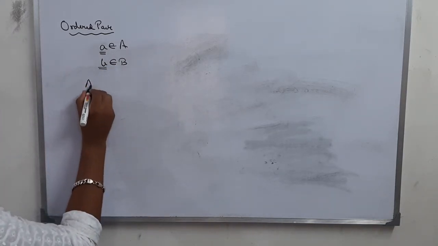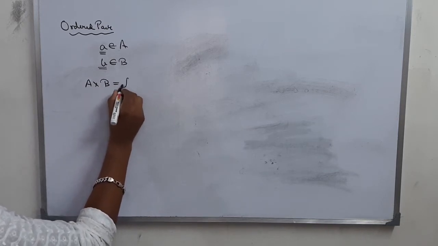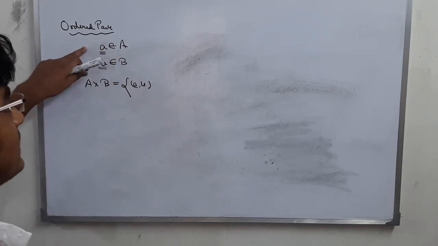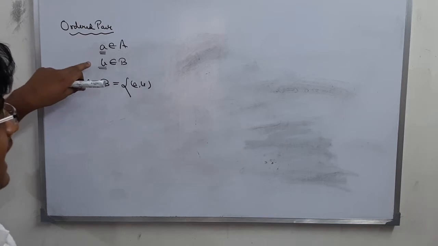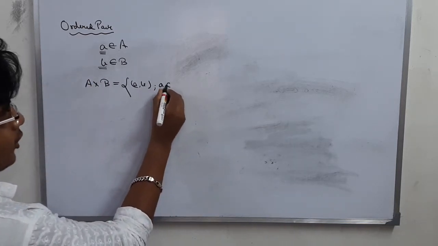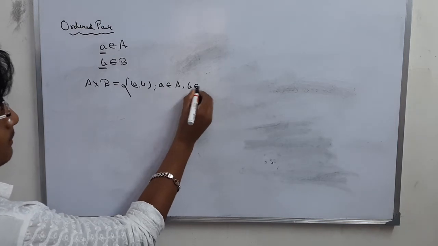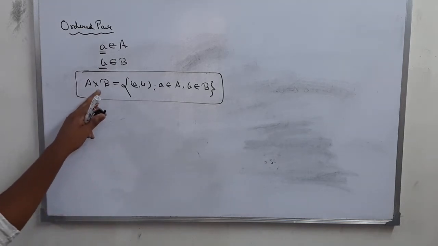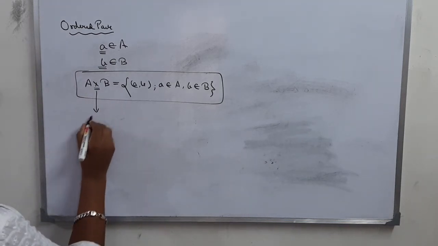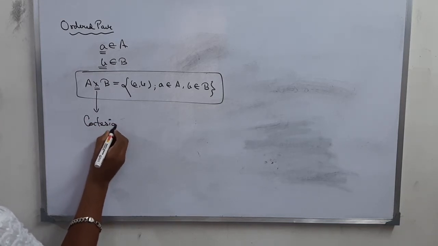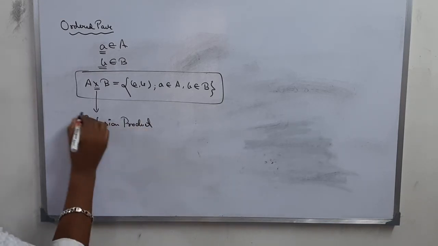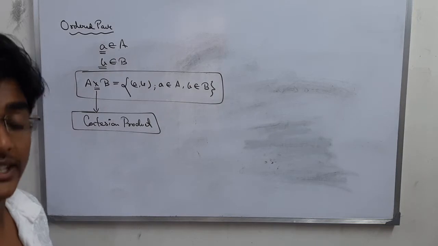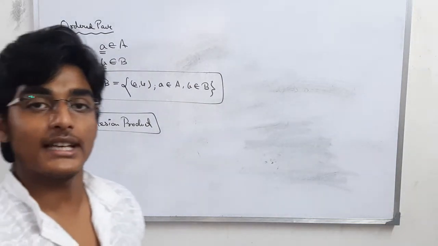A cross B is a set of ordered pairs of elements from both the A set and the B set, a belonging to capital A and b belonging to capital B. This set thus formed determines the A cross B set. This cross is known as the Cartesian product. We can define the product of two sets in terms of ordered pairs of its elements.